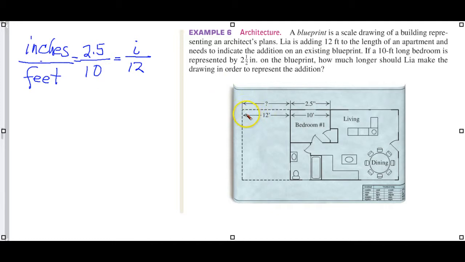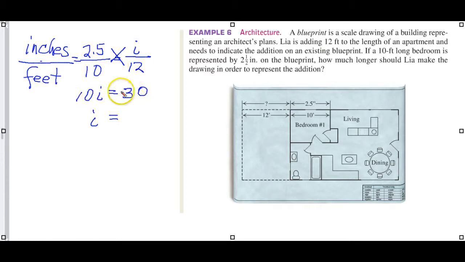Well, if we're going to extend this house or apartment 12 feet, how many inches would it be? So again, we would just cross multiply and get 10i equals 2.5 times 12, which is 30.